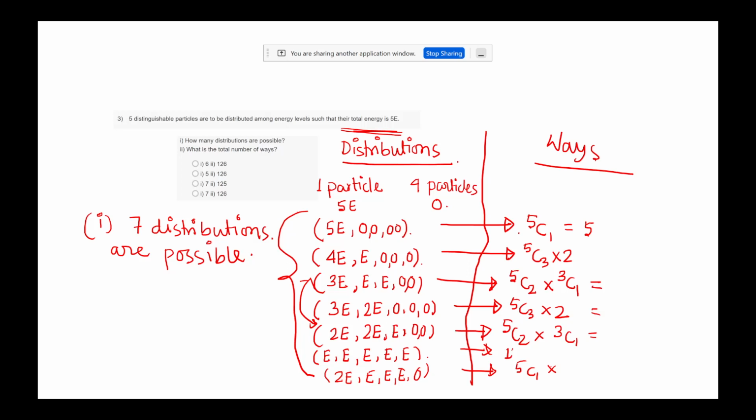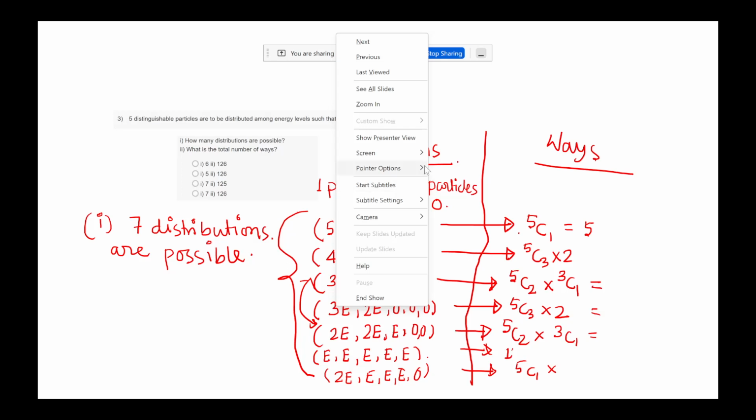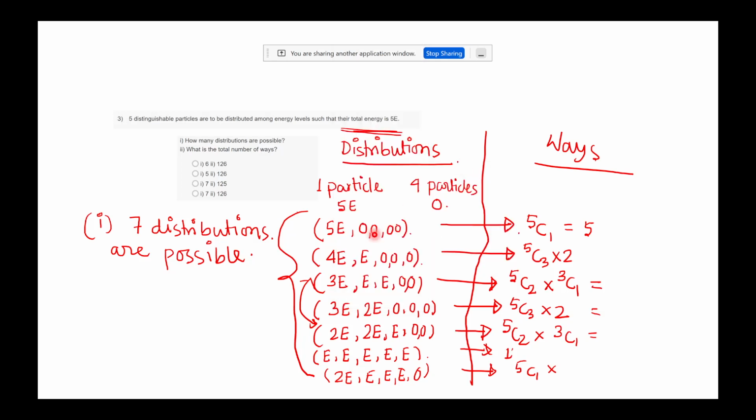Think about it. The trick is that this and this are similar. Can you say that this way and this way are both similar?